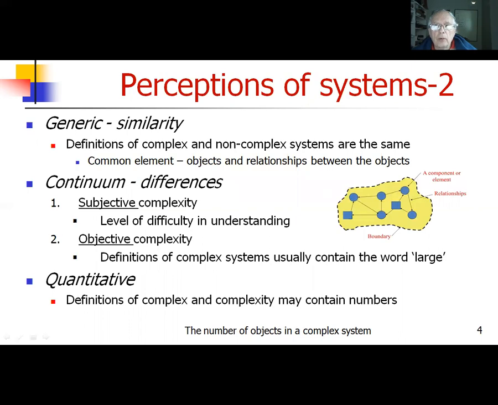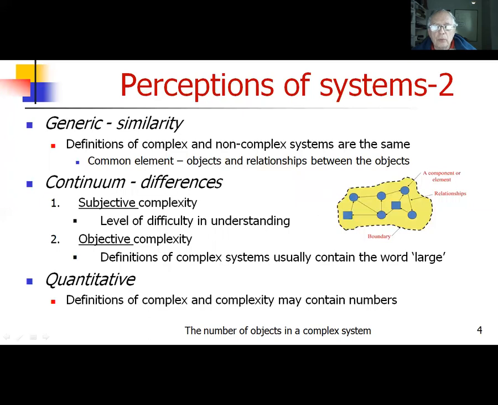From the generic perspective, we see similarities in the definitions of complex and non-complex systems. They're the same. They have a common element of objects and relationships between the objects, as well as other aspects depending on who's writing the definition. From a continuum perspective, we note differences.